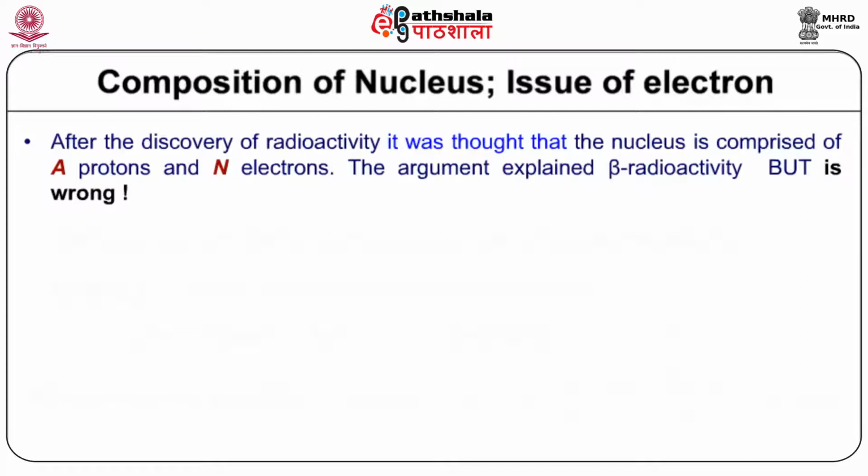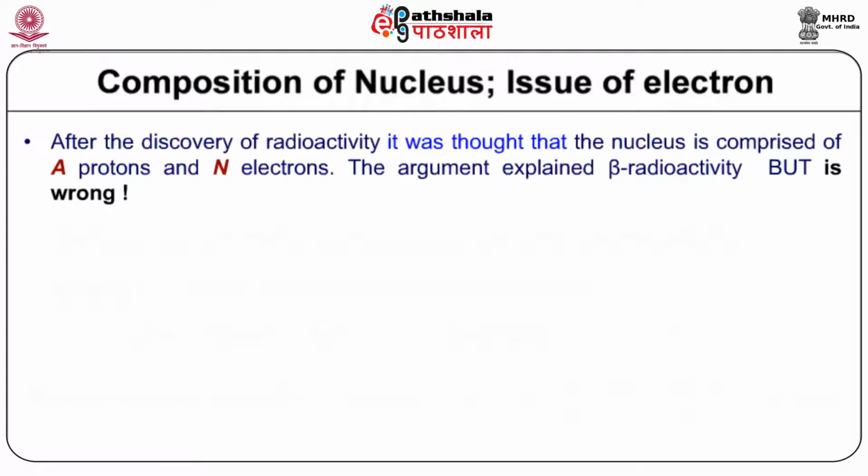And since there was no concept of neutron, which was later discovered in 1932 by Chadwick, after the discovery of the nucleus by Ernest Rutherford, it was thought that the nucleus is composed of two particles called protons and electrons.